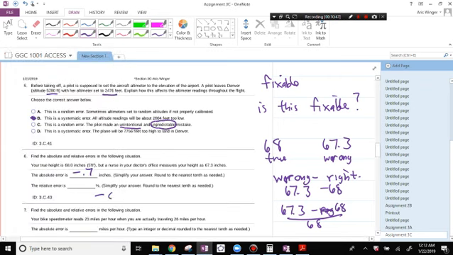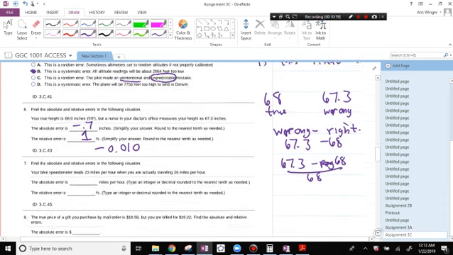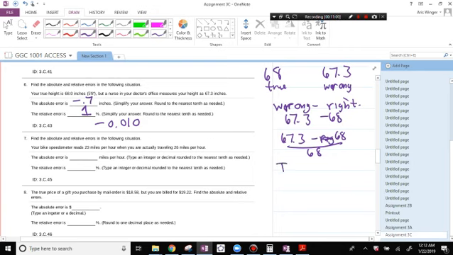Negative 0.010, which is about 1%, moving the decimal place. So it's false minus true divided by true.